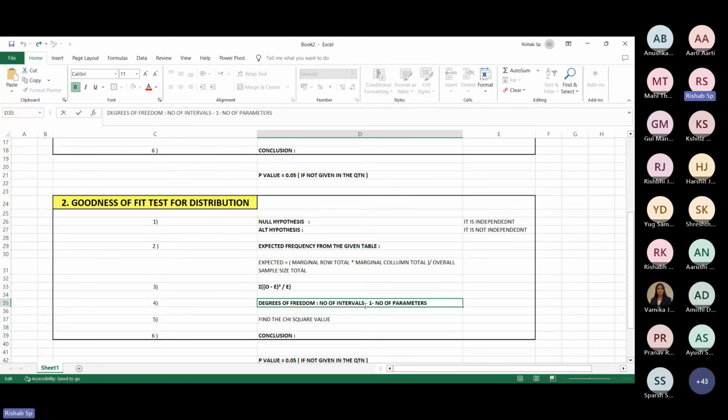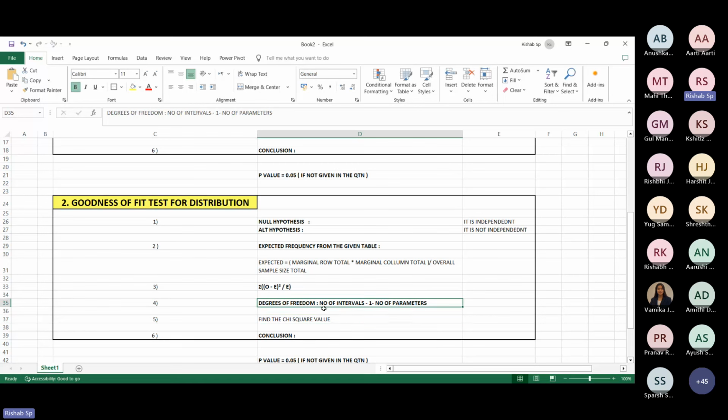It is number of intervals minus 1 minus number of parameters. For a normal distribution, we need mean and standard deviation, so there are two parameters.